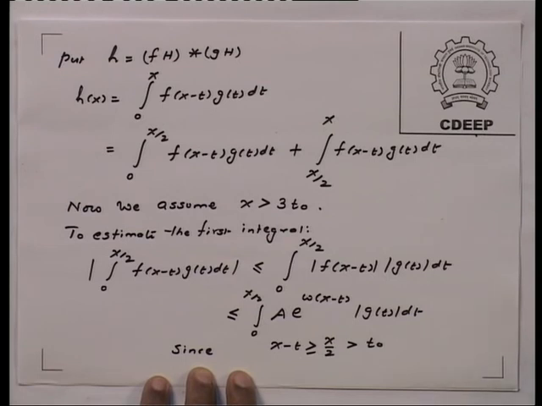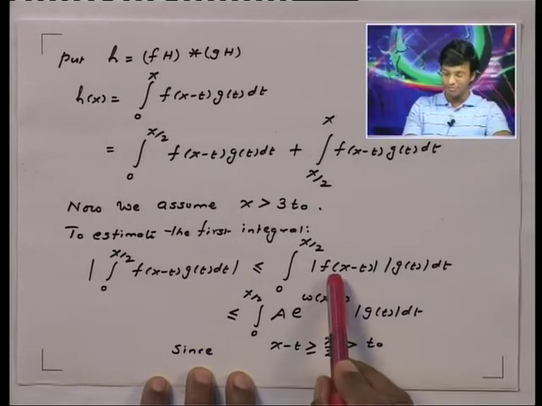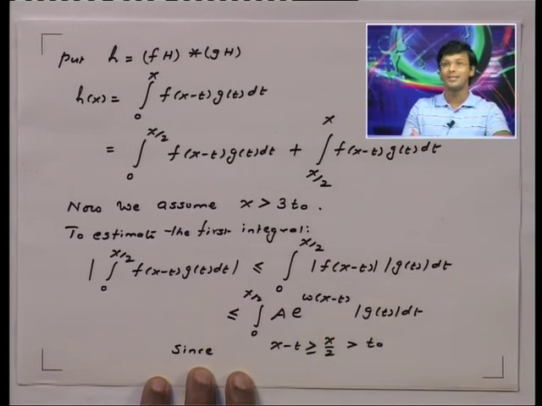So x by 2 is bigger than 3 by 2 t naught, which is bigger than t naught, correct. So this function f of x minus t is less than a e to the power omega times x minus t, simply because x minus t is bigger than t naught. So this whole thing has been dominated, replaced by the exponential function.